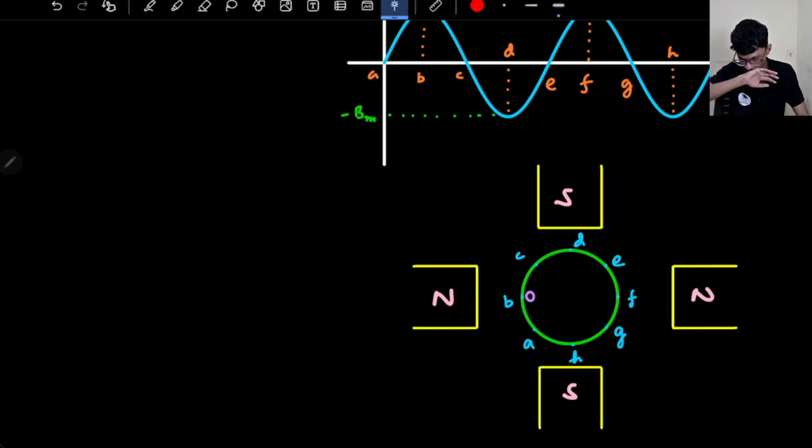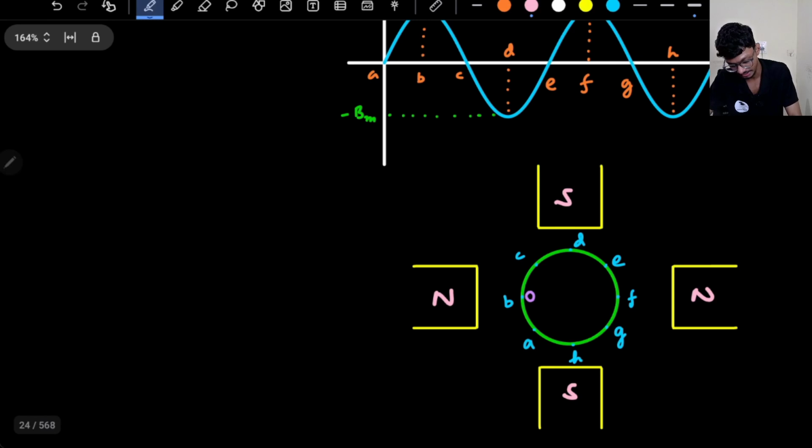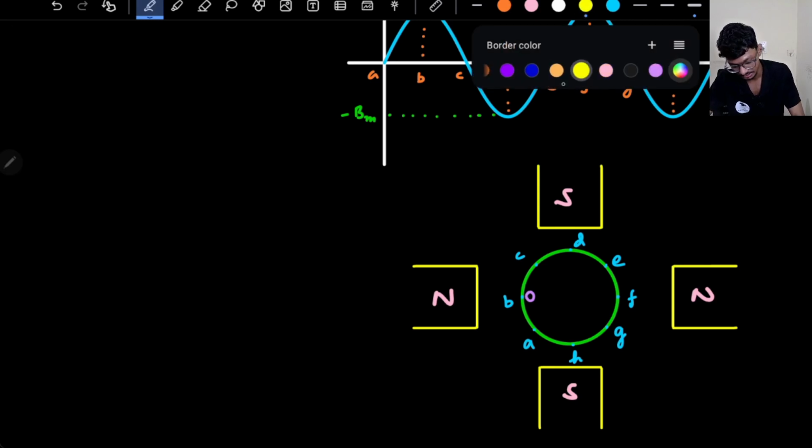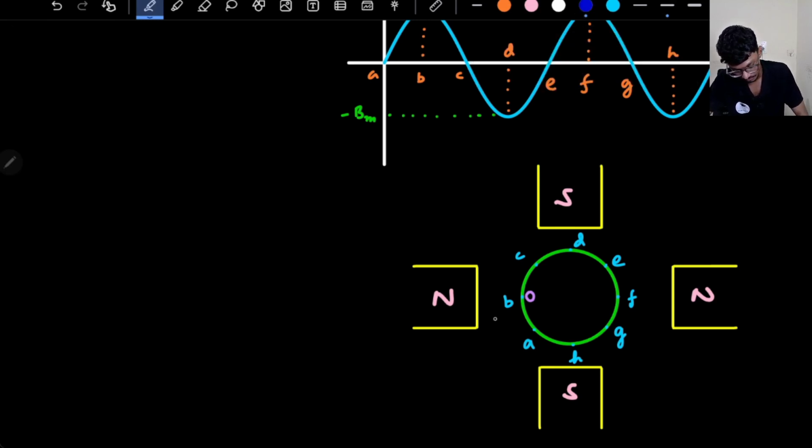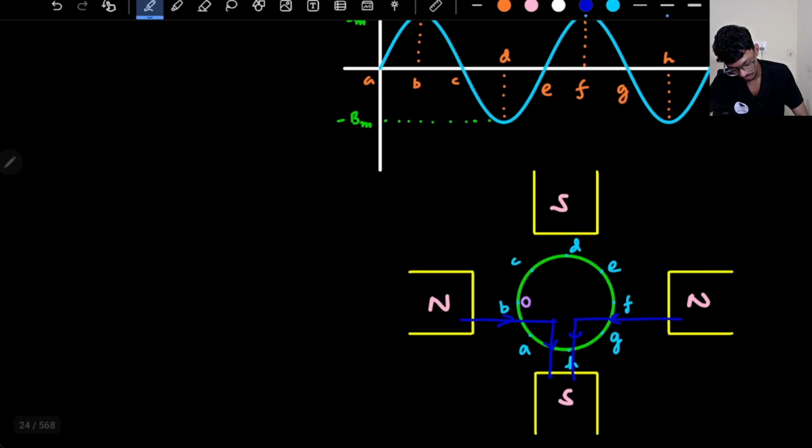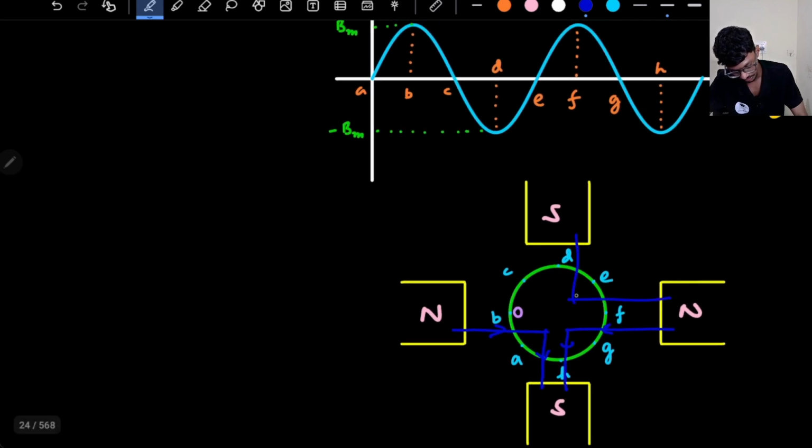How is the direction of the magnetic field made? I can draw it like this. The north pole magnetic field will come here and go here. Again, the north pole magnetic field will come here and go here.